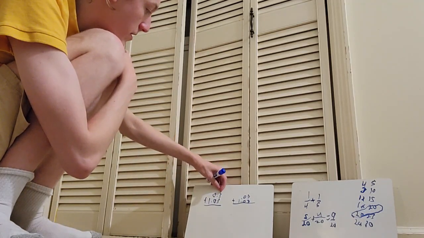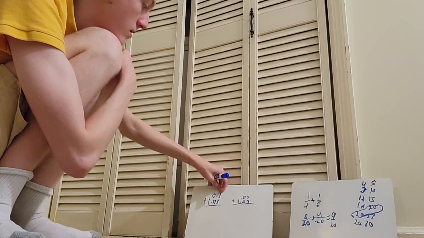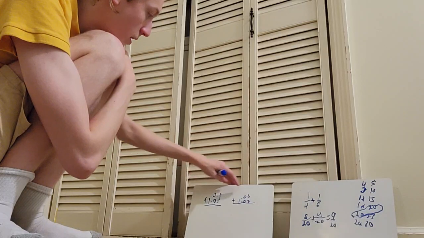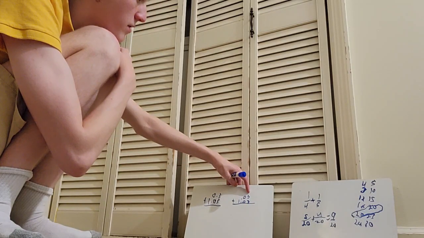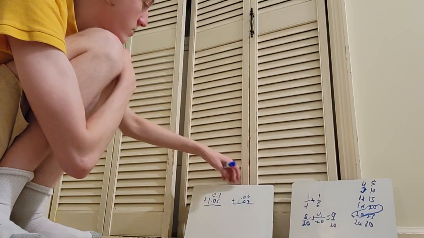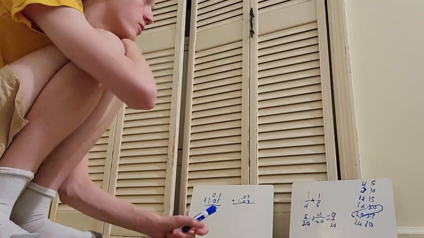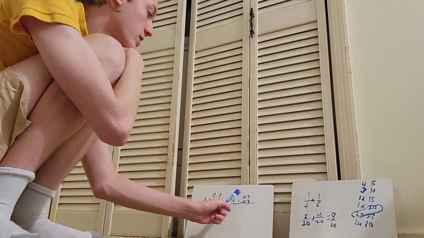Because this 3 right here represents 3/10. Because it's in the tenths place, it's right next to the decimal point. And this 3 right here, what does this represent? 300. And when you rewrite it to make it easier to do the math, you do not want to change the value of the number.